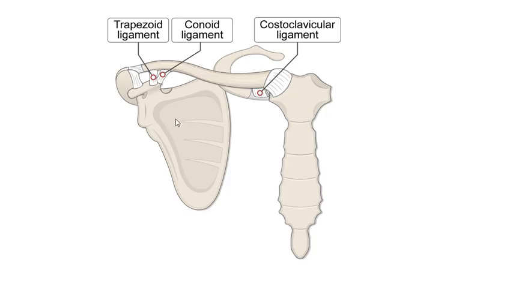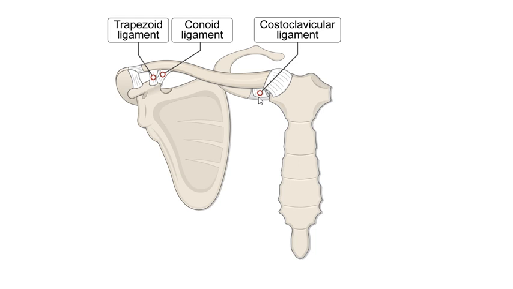The ligaments of the clavicle: if you are sure about the articulations, the ligaments are very simple. As I already told you, we have 2 articulating ends, the sternal end and the acromial end, and the scapula is seen behind the clavicle. So this is the coracoid process of the scapula. The ligament running from the coracoid process to the clavicle we can call the coracoclavicular ligament.